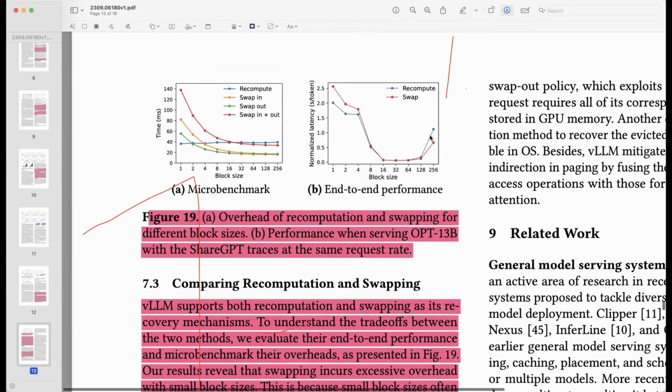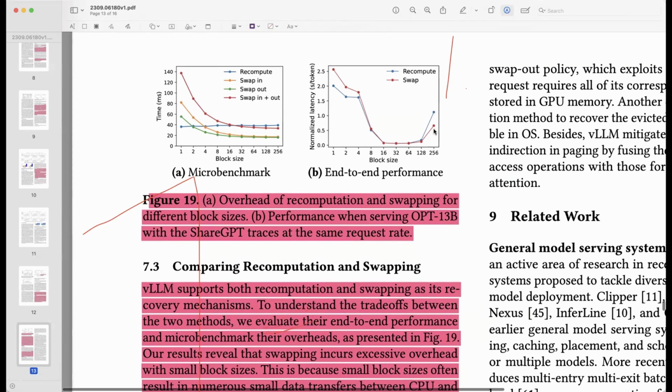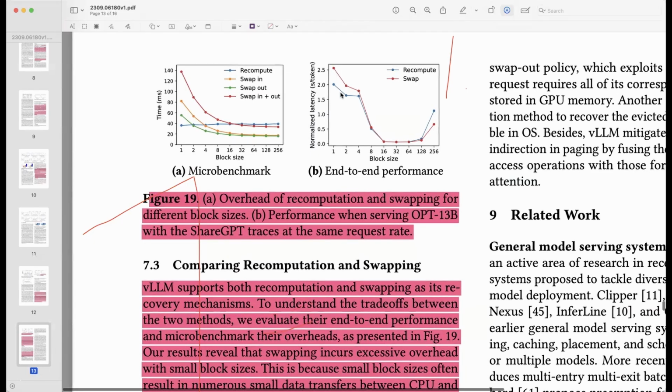I'm guessing when the block size is larger, you are recomputing more tokens, and that's why it is more difficult to recompute. Nah, I don't know. It doesn't make sense.